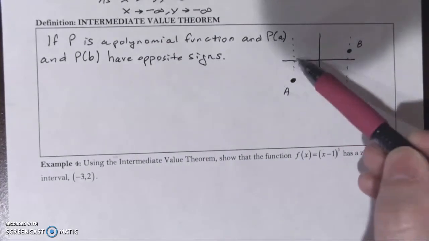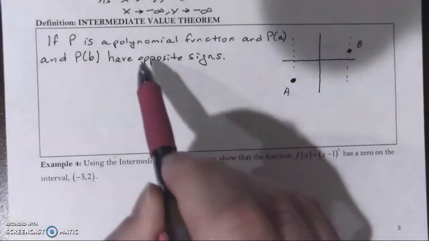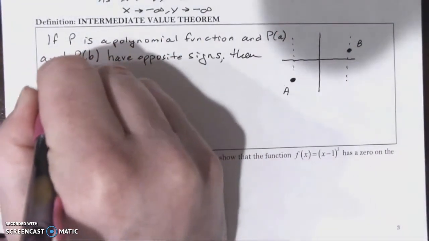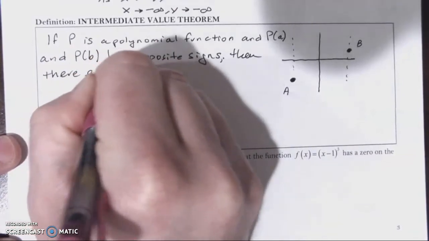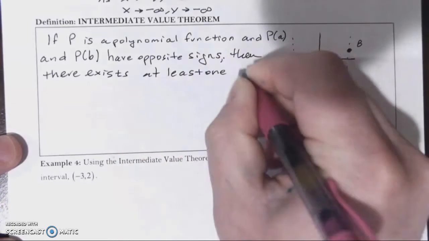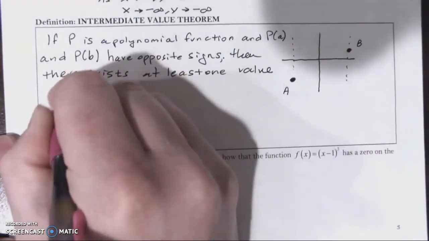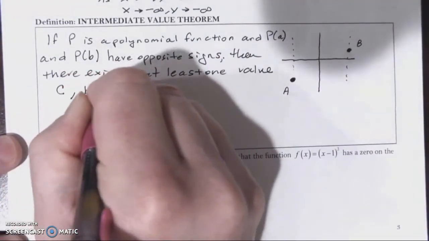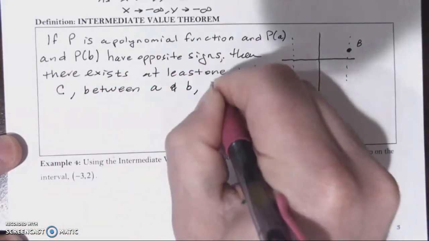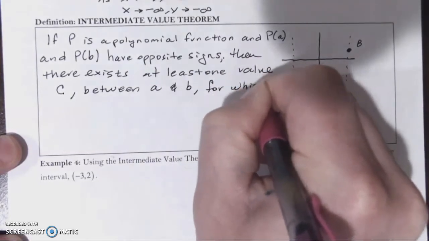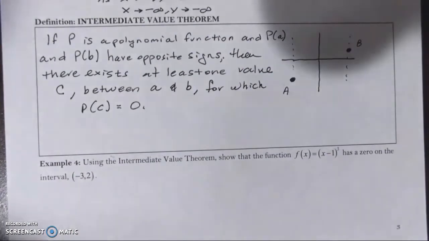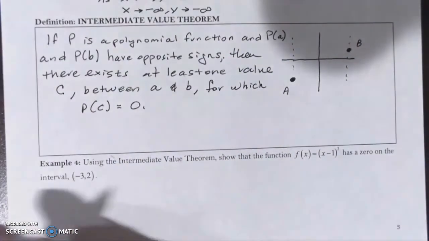We noticed that A is negative, B is positive, opposite signs. Then there exists at least one value C between A and B for which P of C equals 0. It's exactly what we just talked about.